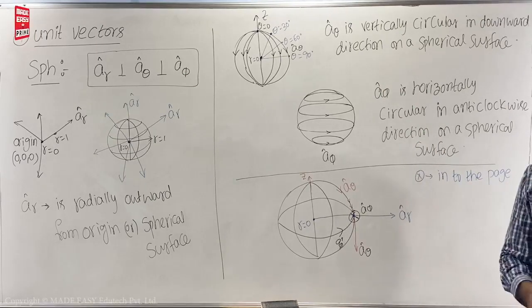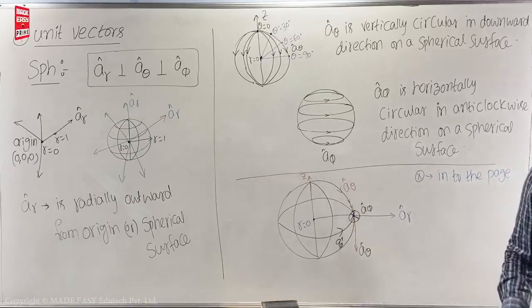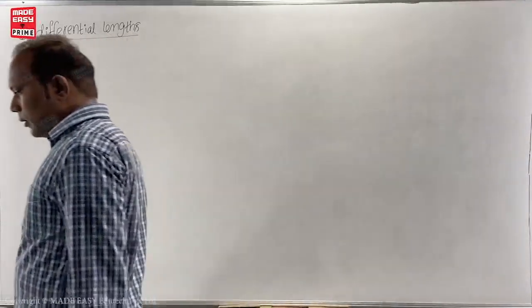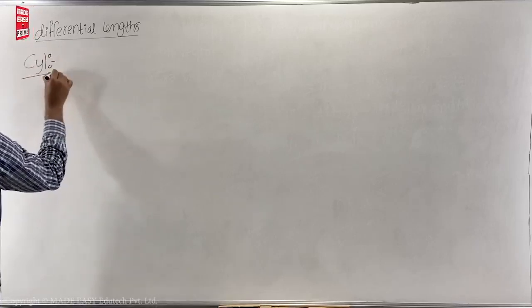We have to discuss differential lengths and dl bar, ds bar, dv equations we have to discuss. Okay. So dear students, now let us discuss differential lengths in the cylindrical system. Okay. Now cylindrical system.